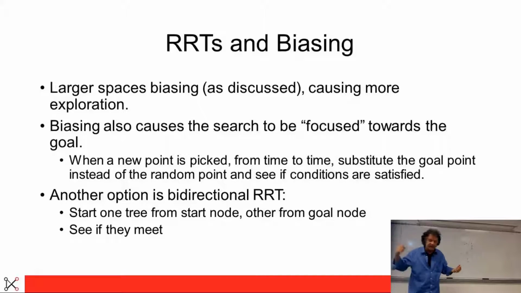So now what he's saying is you can save yourself or you can be brave. So how much do you allow yourself to move in every step? The smaller you move, the safer you are, but the more work you have to do. So you move here, you move here, you move here.